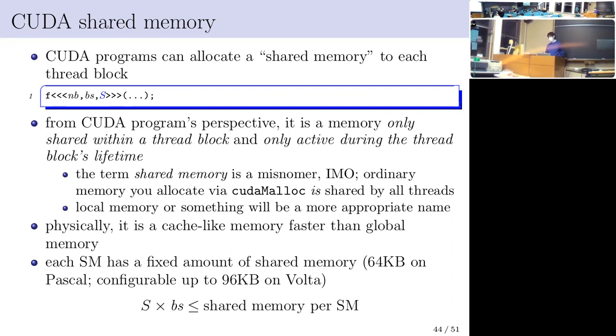It slightly depends on the generation of the GPUs. And I forgot to write about the latest model, Ampere, which you are going to use. It has something like 160 kilobytes, slightly larger than earlier generations, but still very small compared to the global memory.